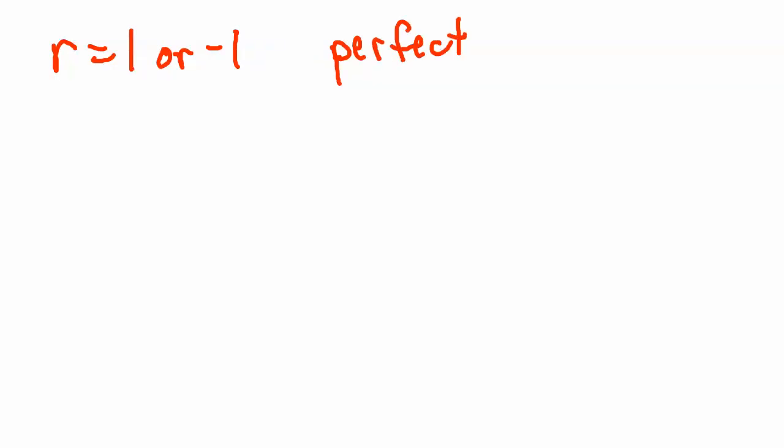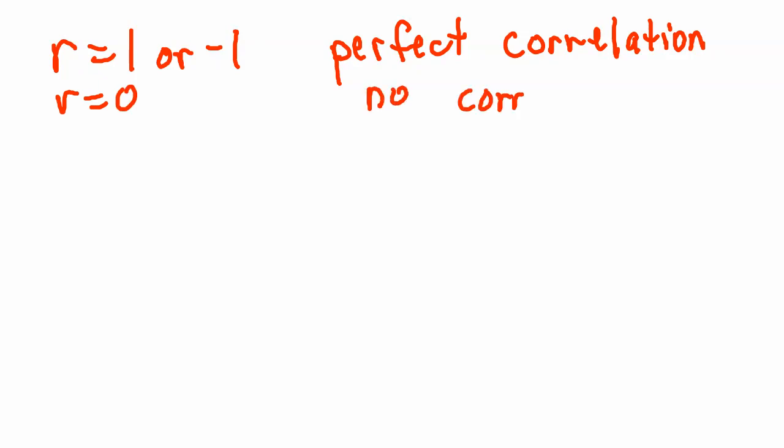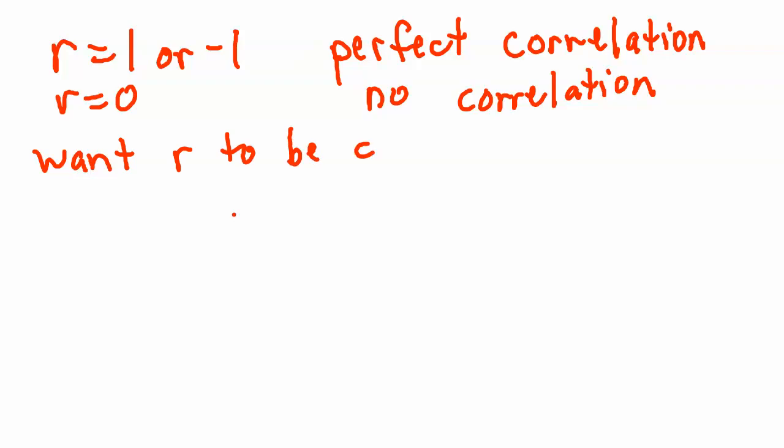That means the line perfectly fits every point. If r is 0, there's no correlation. Remember, the negative sign just means that the line's decreasing. If it's positive, it's increasing.